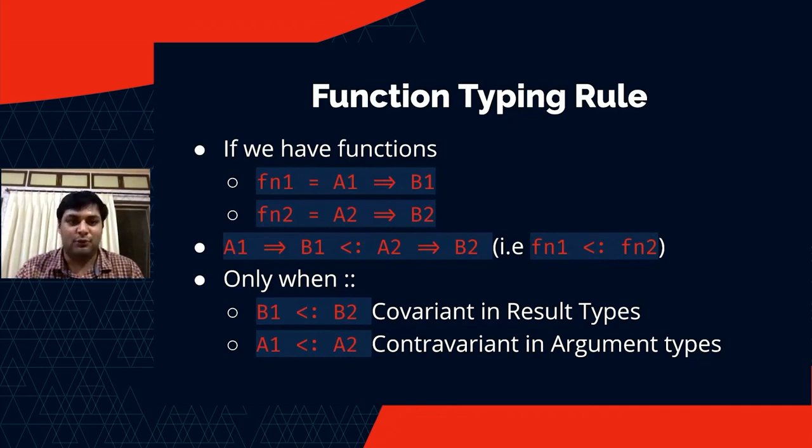So we have Function1 and Function2. Function1 is A1 to B1 and Function2 is A2 to B2. Don't worry, we will go through it diagrammatically and example wise and make it very easy. We can state Function1 is a subtype of Function2 if and only if in the input end we are contravariant and in the output end we are covariant.